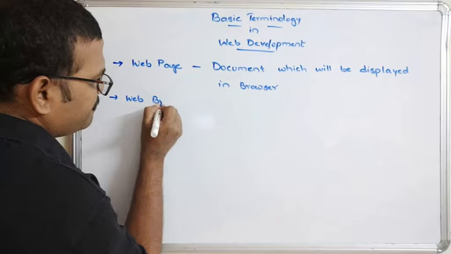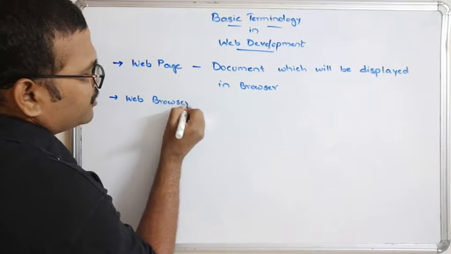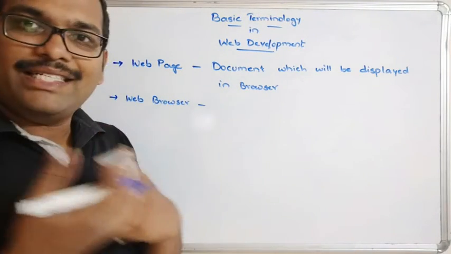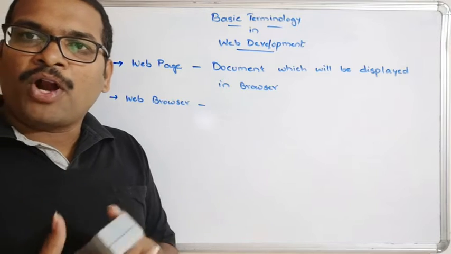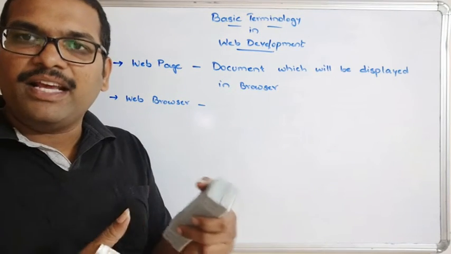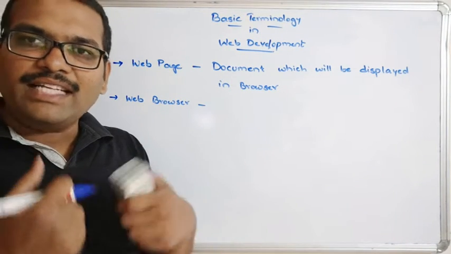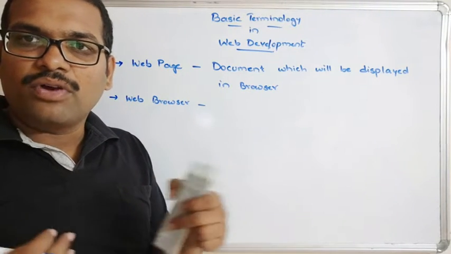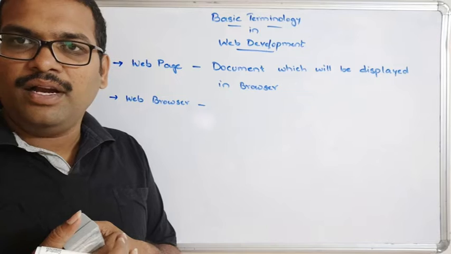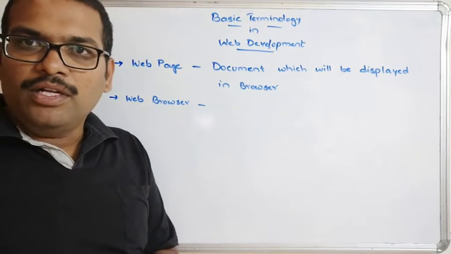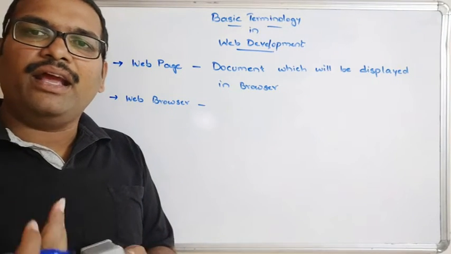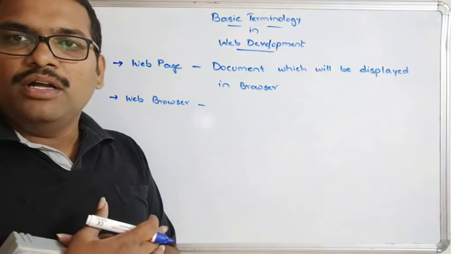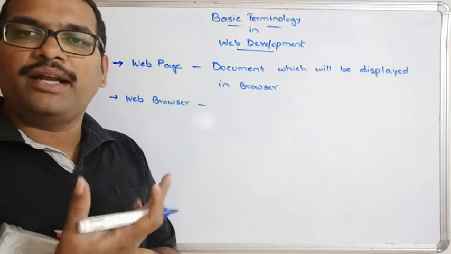Next, web browser. Here we got the term browser. Now what is a web browser? A browser is an application which can access the web pages on the internet. Internet means connectivity of systems across the globe. If you want to interact with any other computer around the globe, we need one application to interact with.